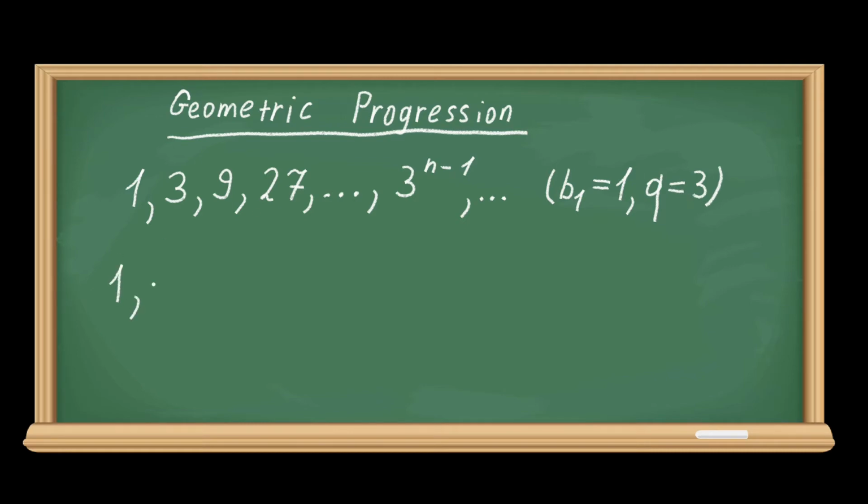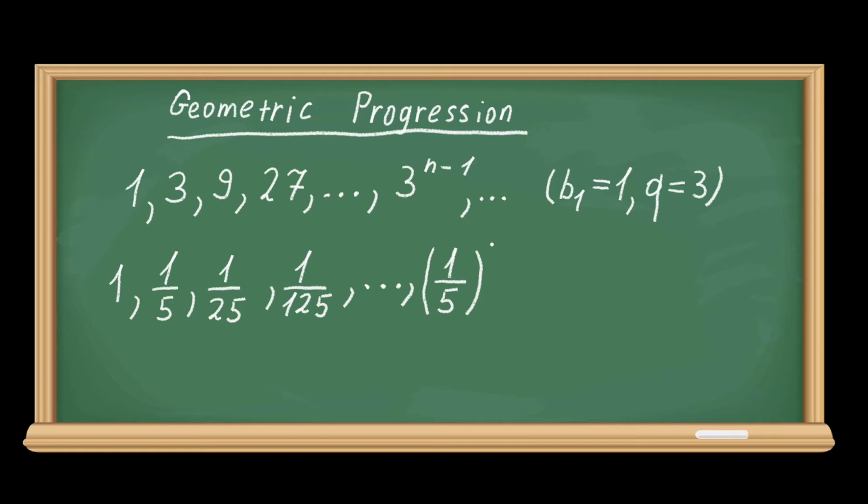Let's look at another example. Here we have the sequence 1, 1/5, 1/25, and so on. The rule for this sequence is (1/5) to the power of n minus 1. By looking at the sequence, we can conclude that b1 is 1 and q is 1/5.